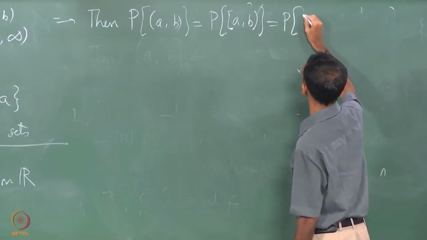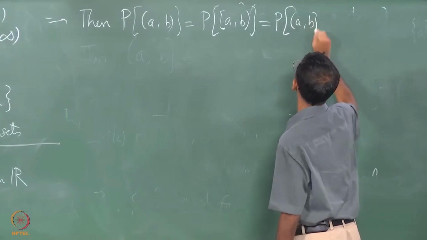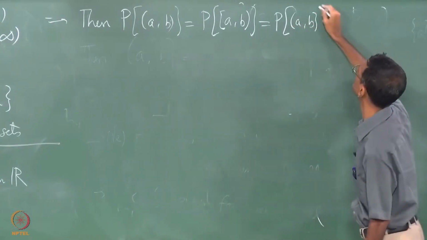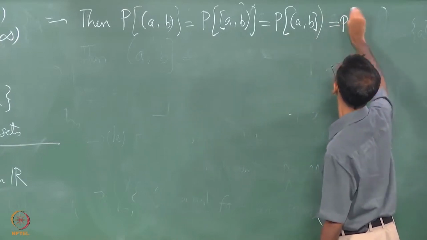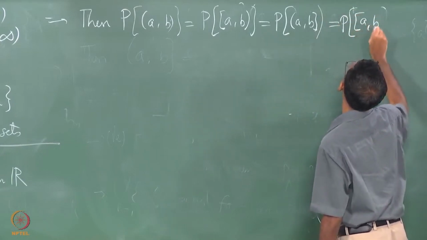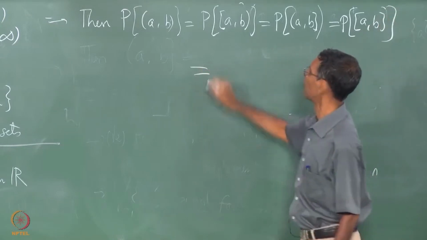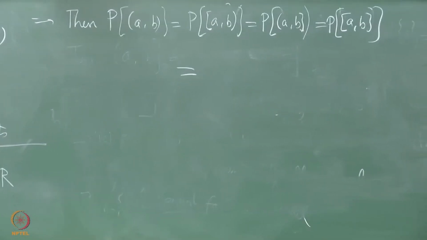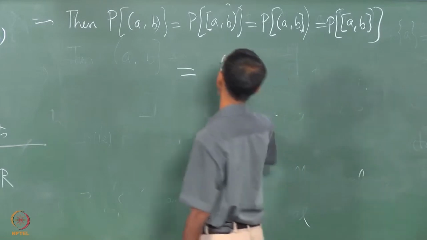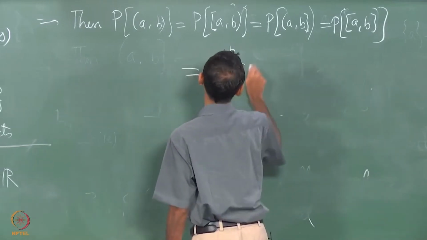What 4 things can I do? As long as A and B are finite, I can look at 4 possibilities here, right? P of the interval is equal to what? Based on f, what should I do? I have to integrate from A to B. It's as simple as this.